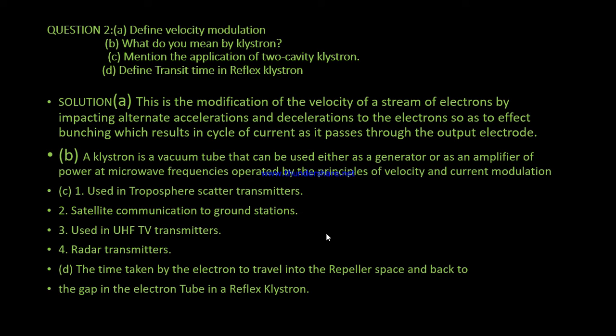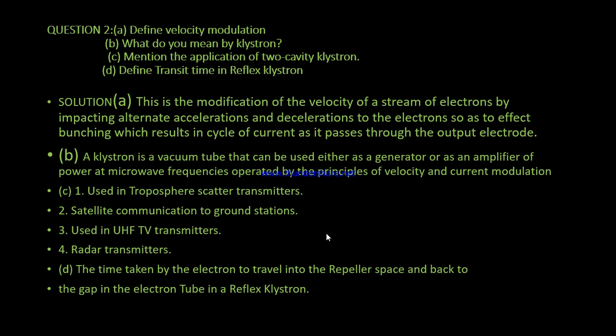We have the buncher, we have the repeller. Now the time taken by the electron to travel into the repeller space and back to the gap in the electron tube in a reflex klystron is called transit time. Okay?